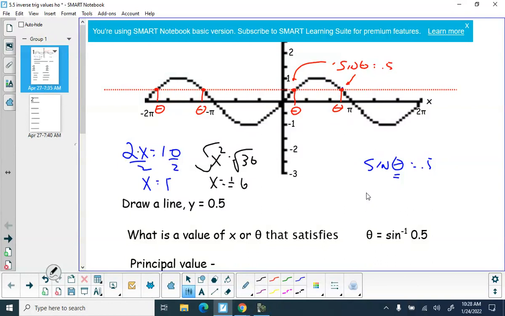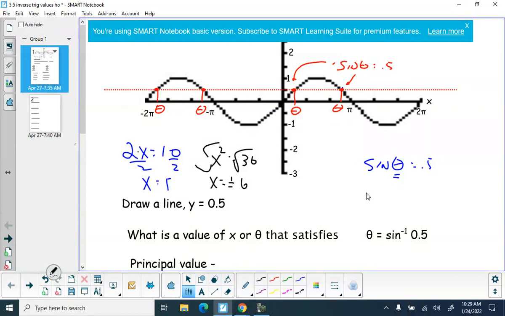Because you have sine of theta, they're right next to each other, and all we've been taught up to now is anything right beside the variable is multiplication. But when you're talking about a sine of an angle, that is not sine times theta is equal to 0.5. So what we're looking to do is get rid of the sine that's connected to theta.